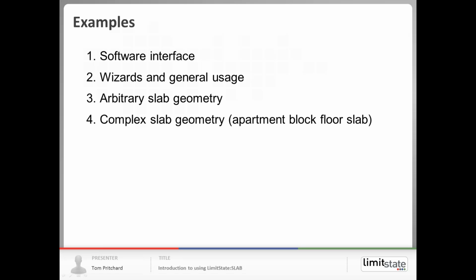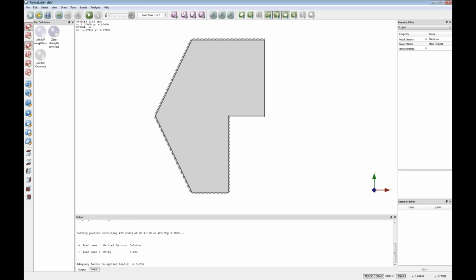So if we go back to the software, what we can do is, I'm just going to start something from scratch here. In the user interface, we can see on the left hand side here is where we're keeping all our slab definitions. So that's the slab properties that you might want to apply to your problem. You can create your own, or you can use one of the few that are built into the software.